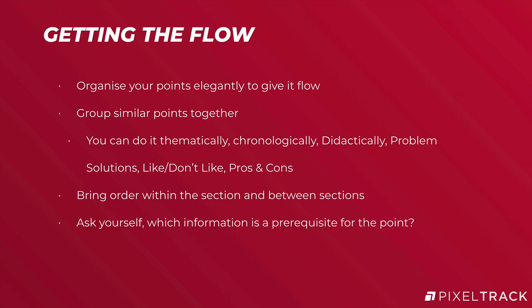The easiest way to structure your post, rather, is to ask yourself which information is a prerequisite for the point. If you're making a claim, if you're saying something out there, does the reader need to have information about something else to understand this particular point?